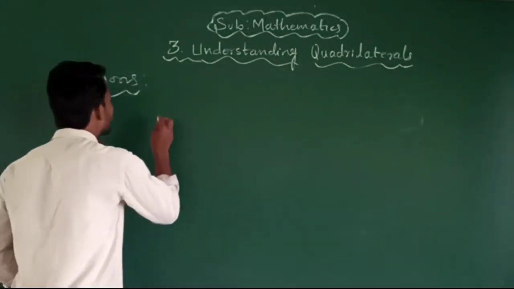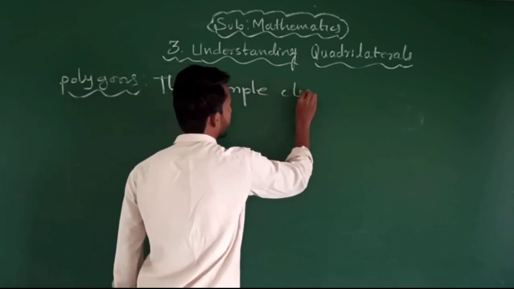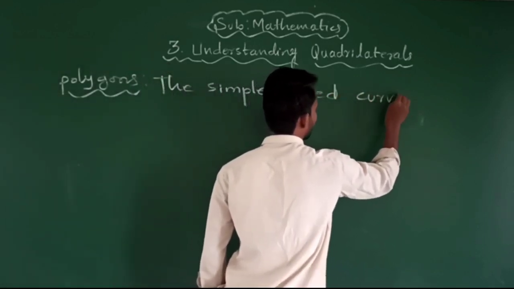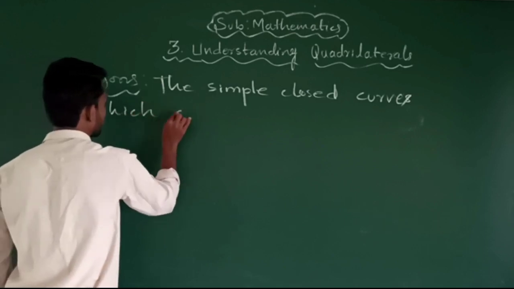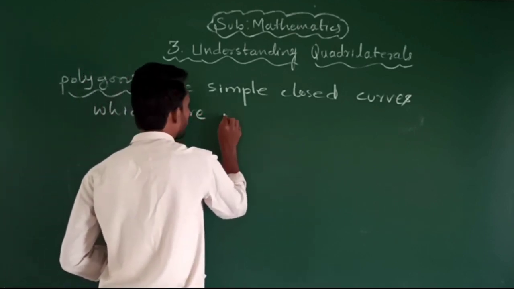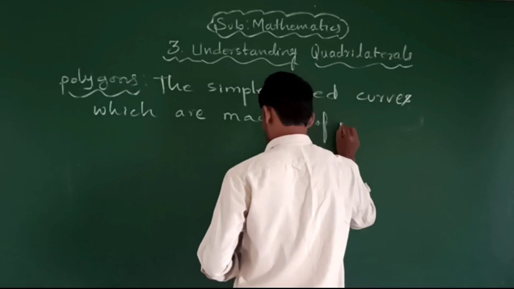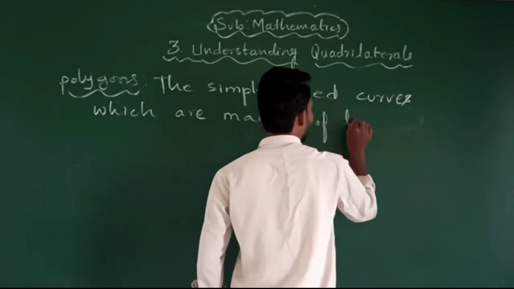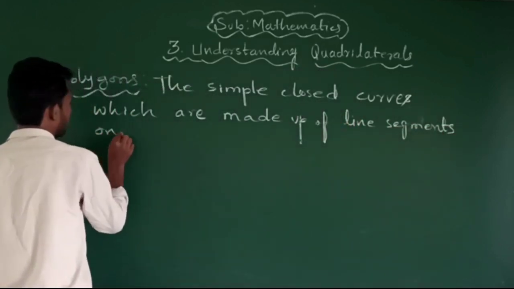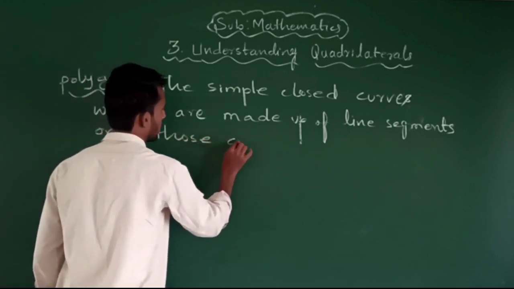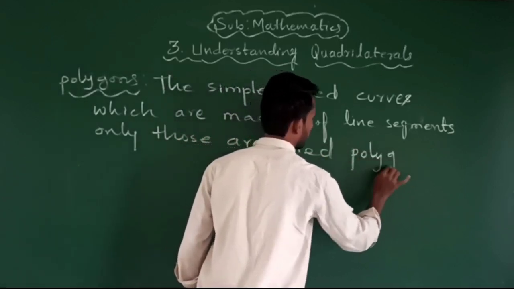We can write this point: the simple closed curves which are made up of line segments only are called polygons. Okay, polygons.